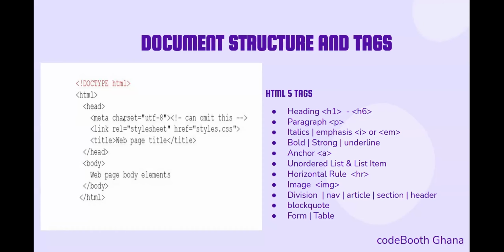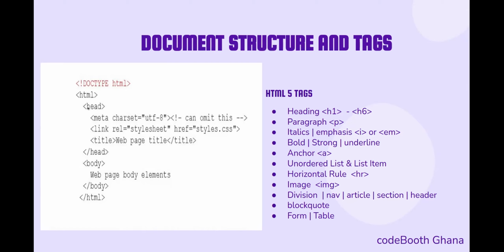So after the alpha and the omega tags, that's how I call the HTML tags, there are two main parts. A typical HTML website has two main parts, and we have other parts which we will look at later.